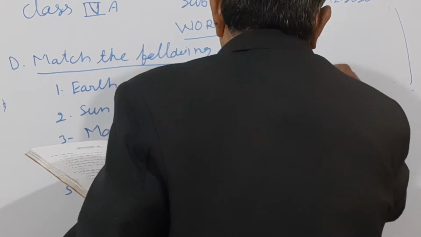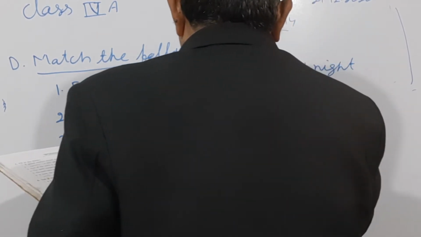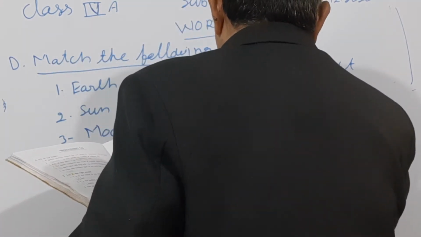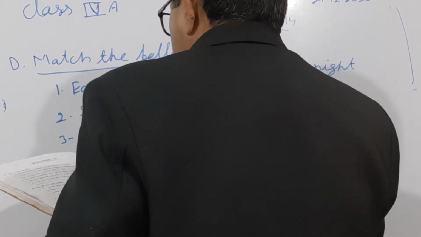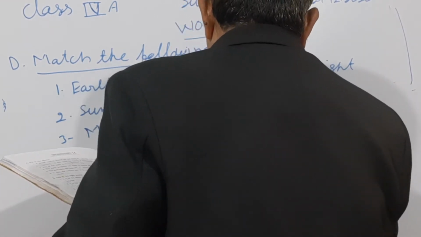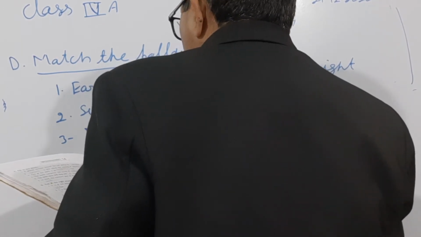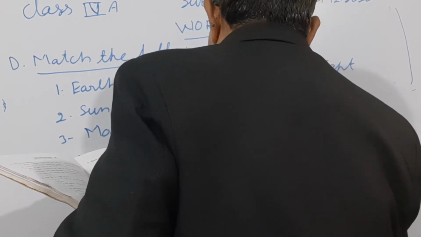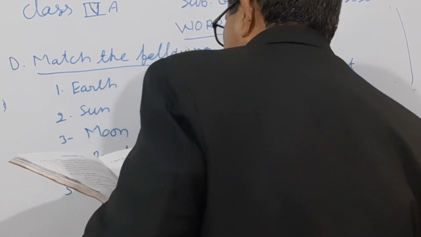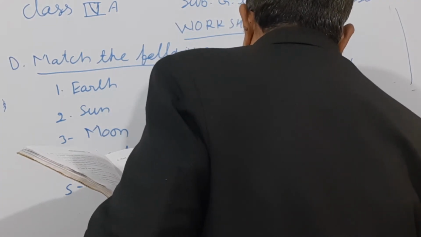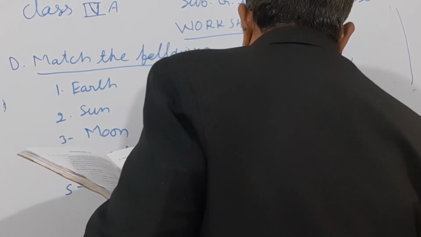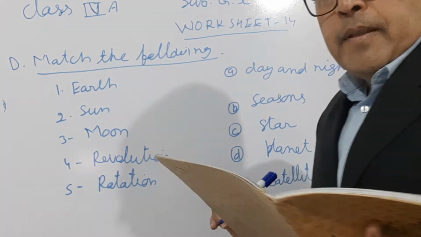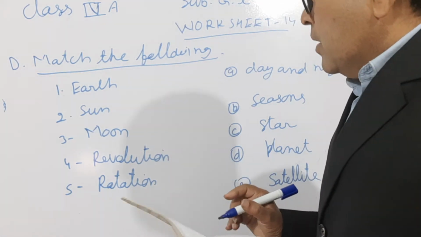B is seasons, and C is star, D planet, and E is satellite. These are the columns. Match the column.